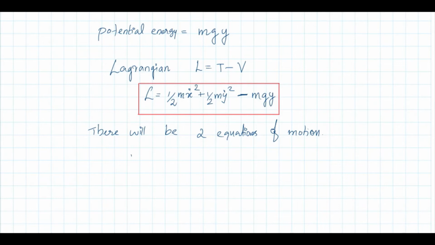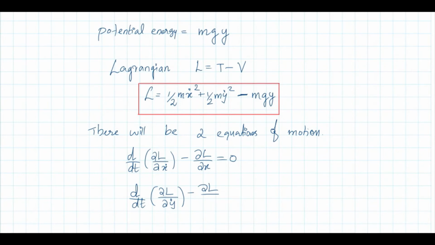Now we have two generalized coordinates, so there will be two equations of motion. First equation of motion is d by dt of dou L by dou x dot minus dou L by dou x equal to 0. Second equation of motion is d by dt of dou L by dou y dot minus dou L by dou y equal to 0.